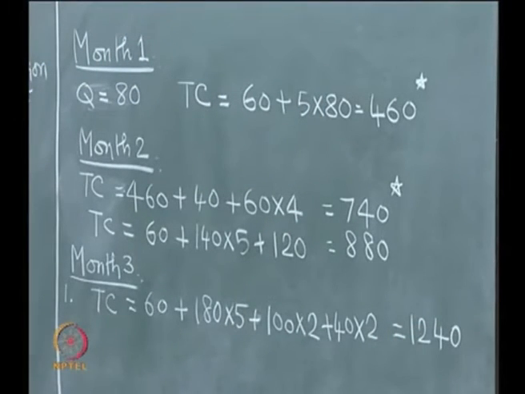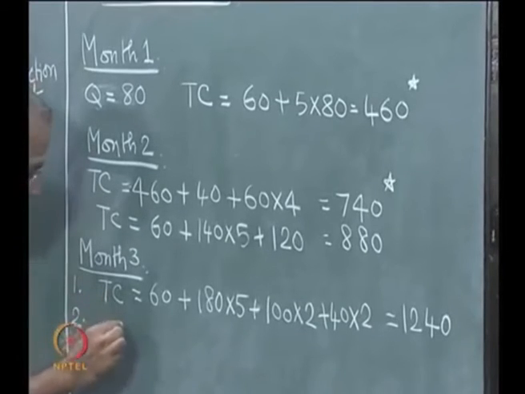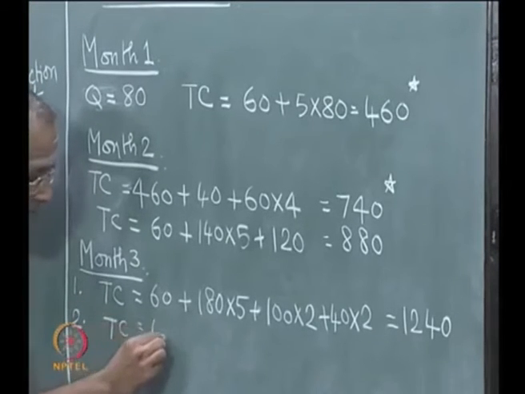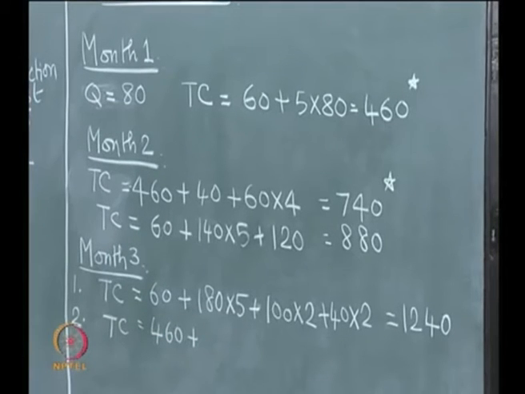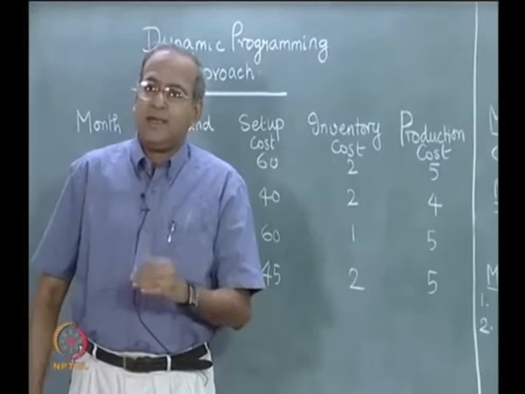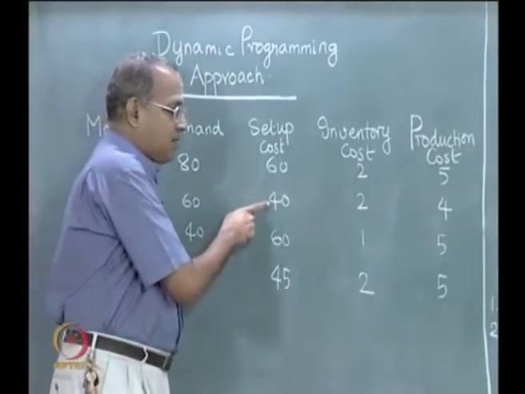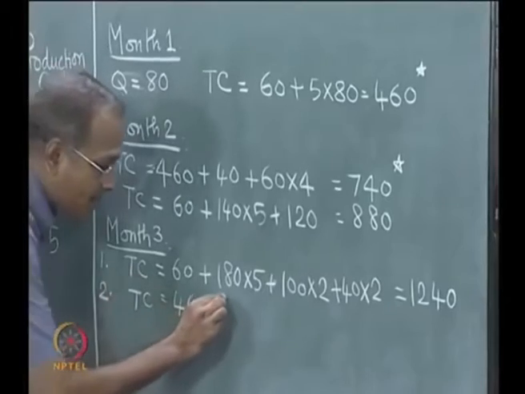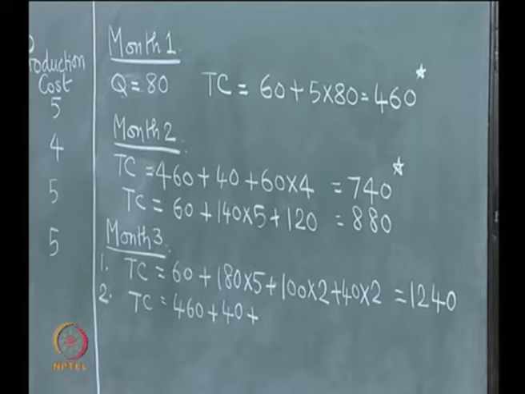Second way to do it is to produce the first month's demand in the best possible way, which is 460, and produce the demands of months 2 and 3 in the second month. So, in the second month we incur a setup cost of 40, we produce the demands of months 2 and 3, which is 60 plus 40, 100 in the second month.